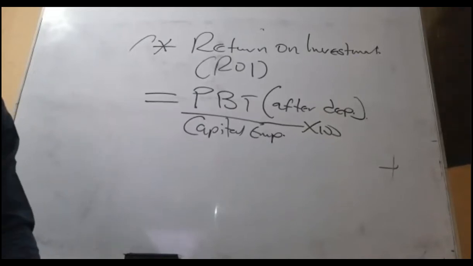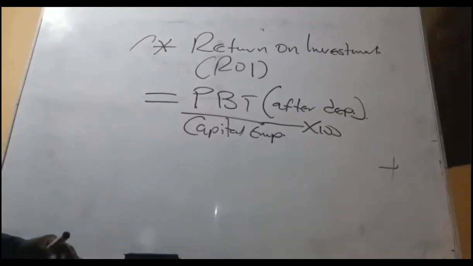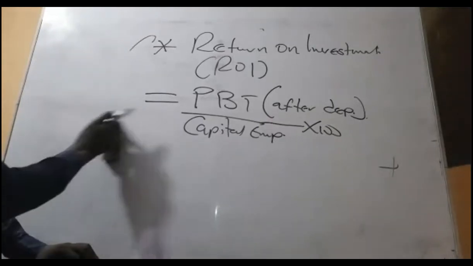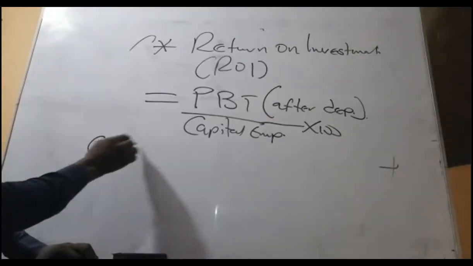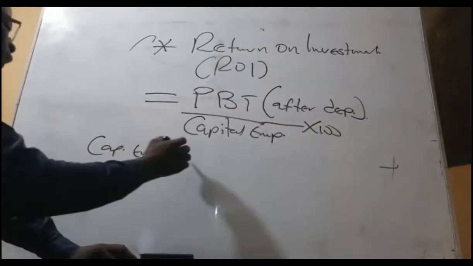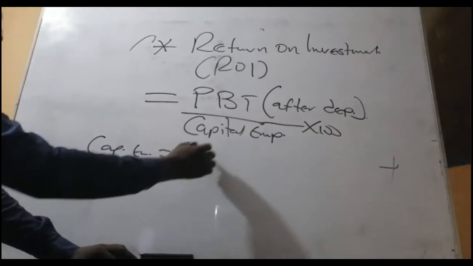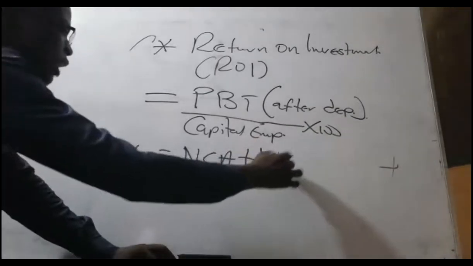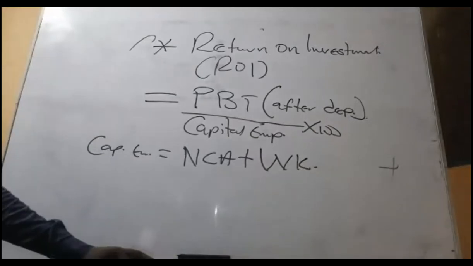Now the question is, how do you get the capital employed? Now the capital employed is nothing but, I'll give three formulas, all of them will give the same answer. First, the non-current assets plus working capital.